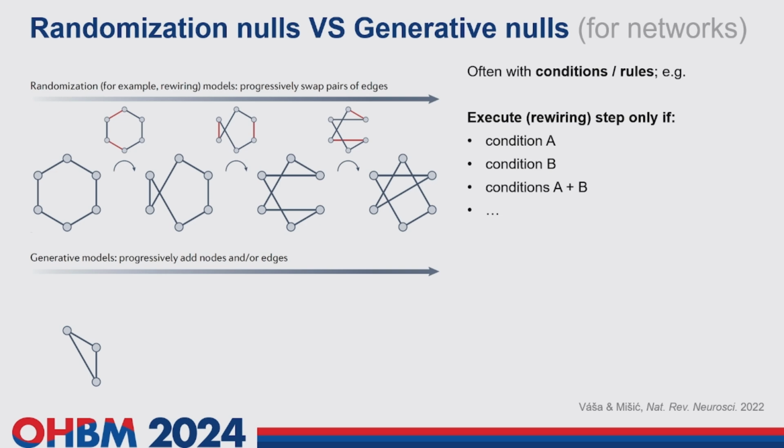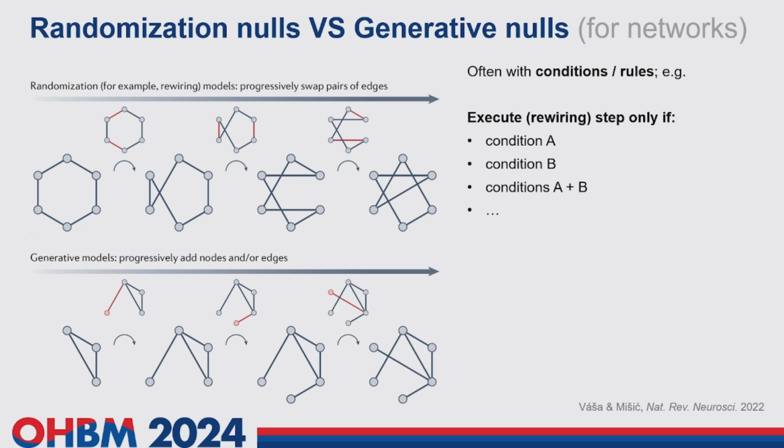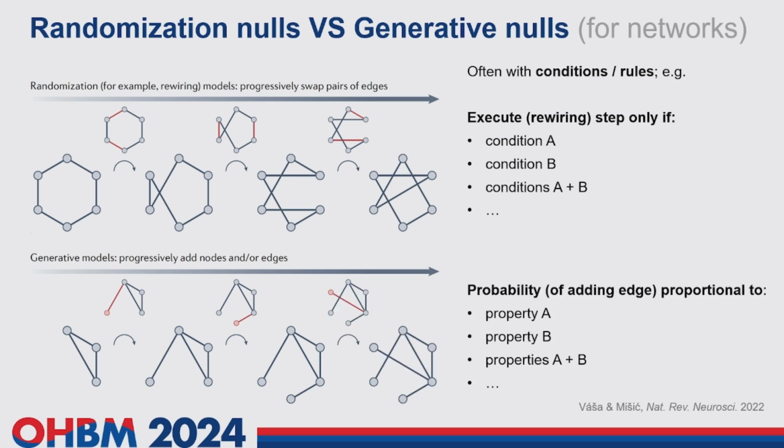In the case of a connectome network, we would often start with a small seed network with a few nodes and edges, and then progressively add nodes or edges to that according to some rule. So in this case, the probability of adding an edge might be proportional to a certain existing property of the seed network. And you'll hear a lot more about this from Rick Betzel in our third talk.